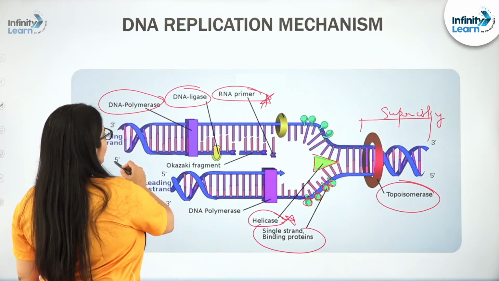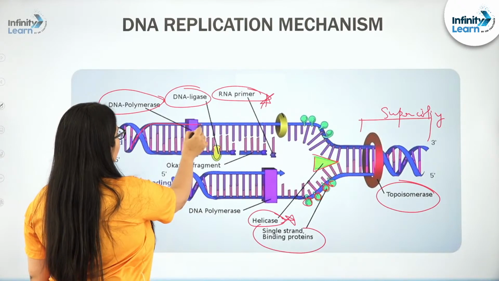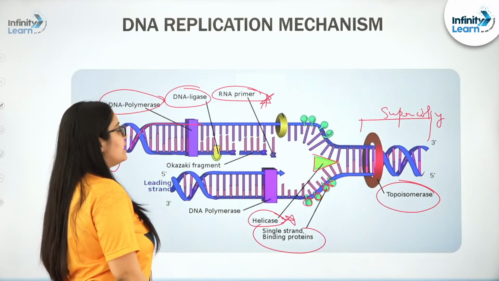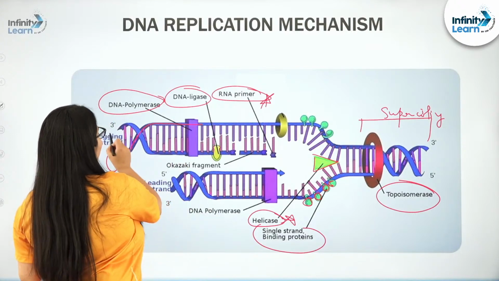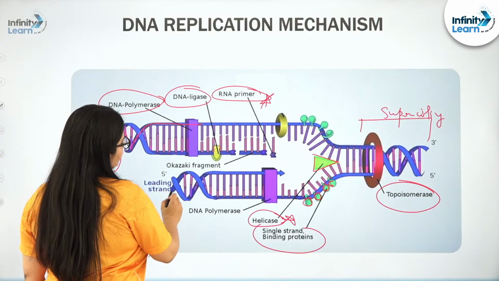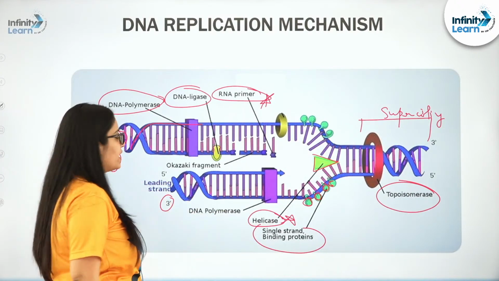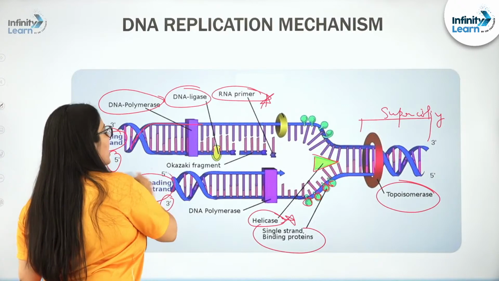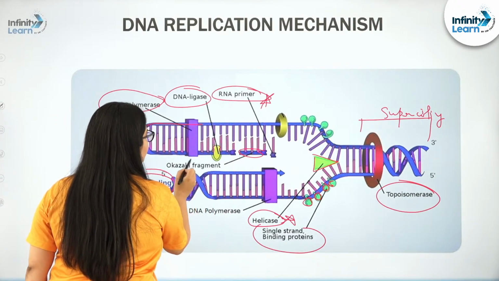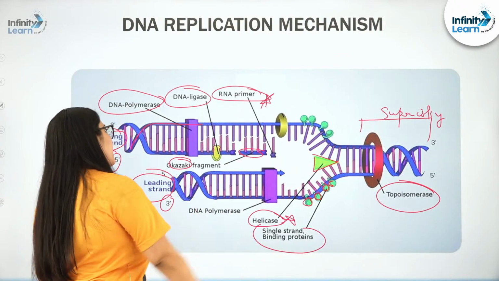And if you notice this very nicely, this is the 5' to 3' strand of the parental DNA, on which the lagging strand is getting synthesized, and this is the 3' to 5' strand of the parental DNA on which the leading strand is getting synthesized, and these are the Okazaki fragments that will be joined later with the help of DNA ligase, right?